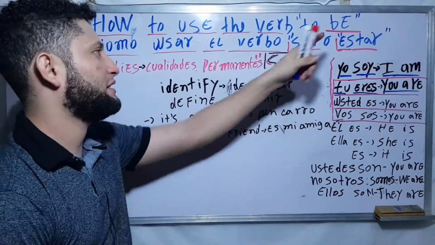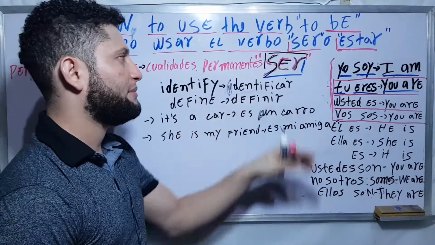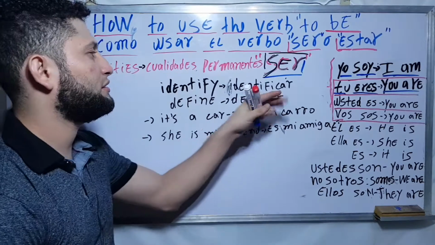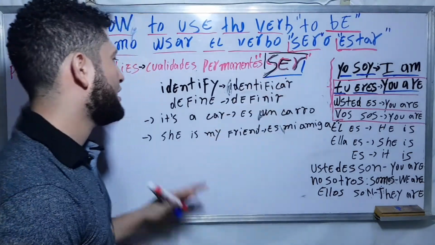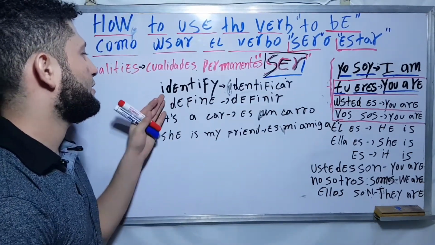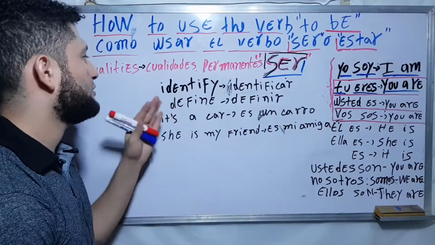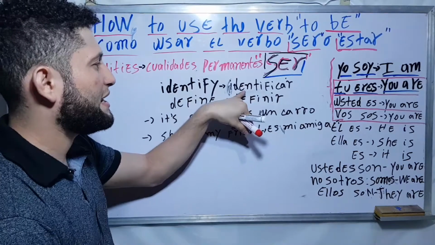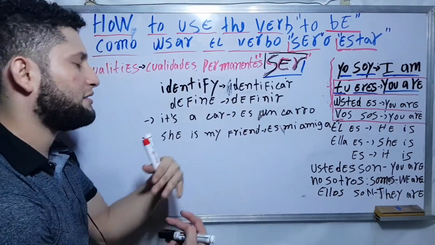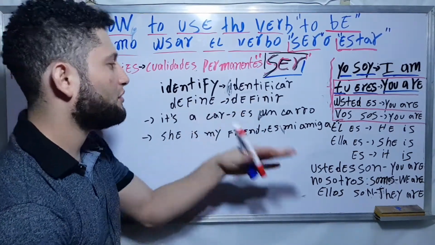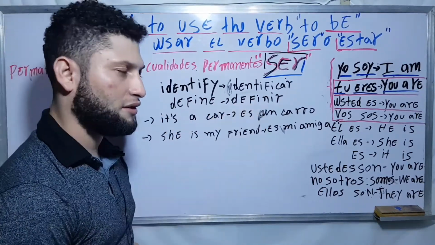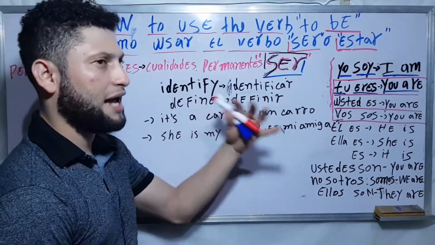Remember, the translation for the verb be is ser or estar. Now we are focused on just ser, and we use it to identify, in Spanish identificar, something, to define, definir algo.